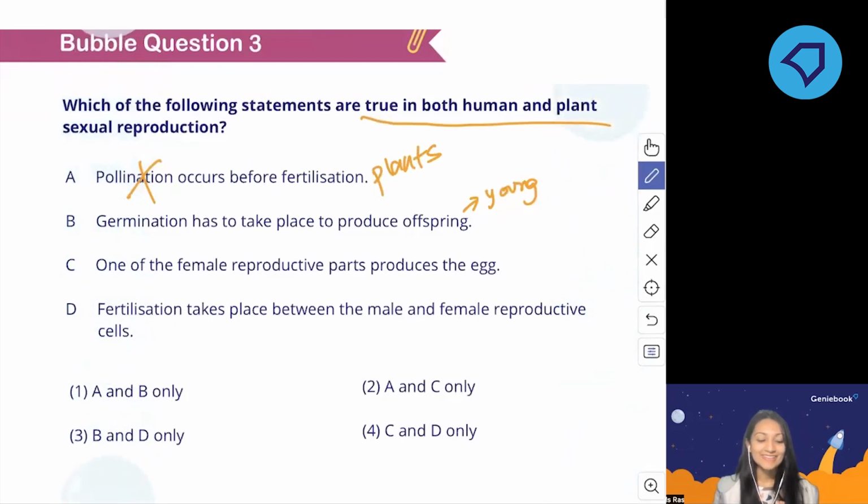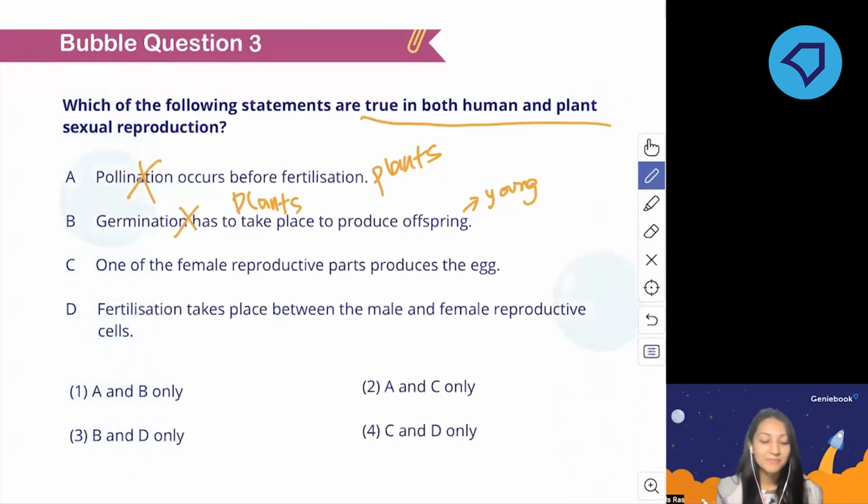For part B, germination has to take place to produce offspring. Do humans undergo germination? Do you have to put the fetus in the soil and give it warmth, water and oxygen? No. So this is also only for plants.